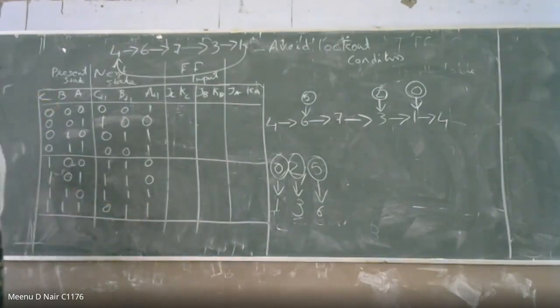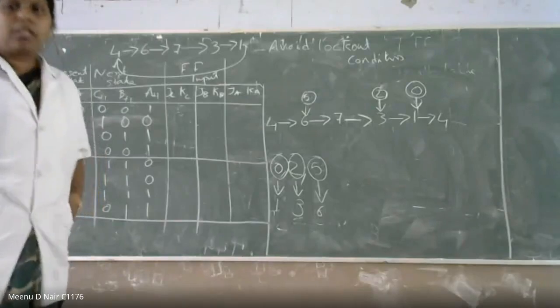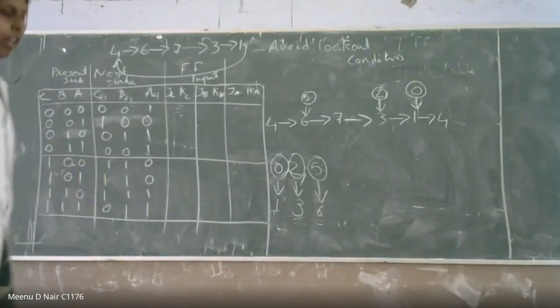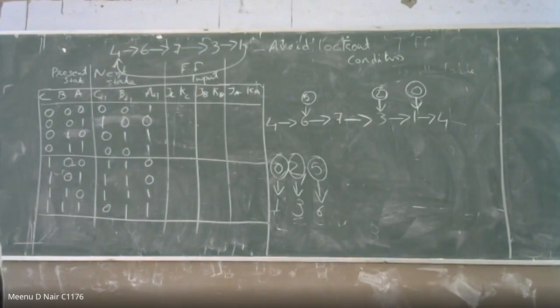So this way you have to write the next state based on the question given. What is the requirement based on the question? Now you have to write the flip-flop inputs for JC, KC, JB, KB, JA, and KA. Is that clear?